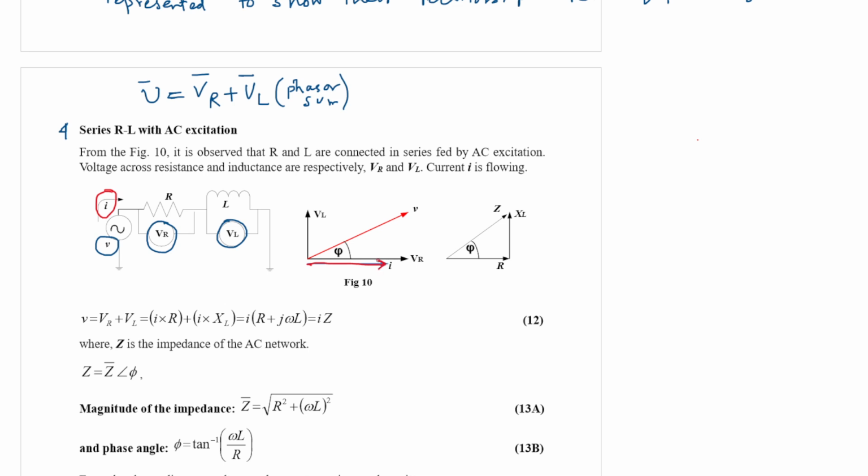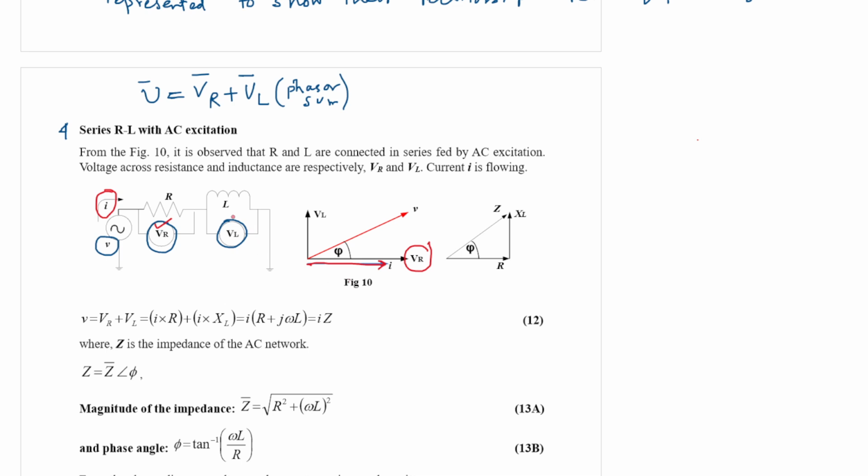From the previous knowledge of voltage and current, in case of a resistance, voltage and current are in phase. So if VR is the voltage drop across R, this should be the direction of VR, in phase with I.